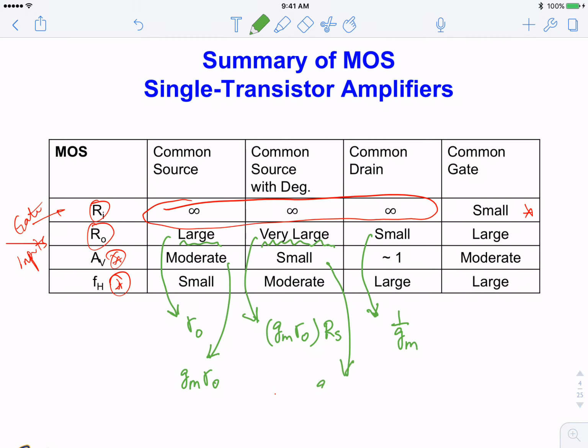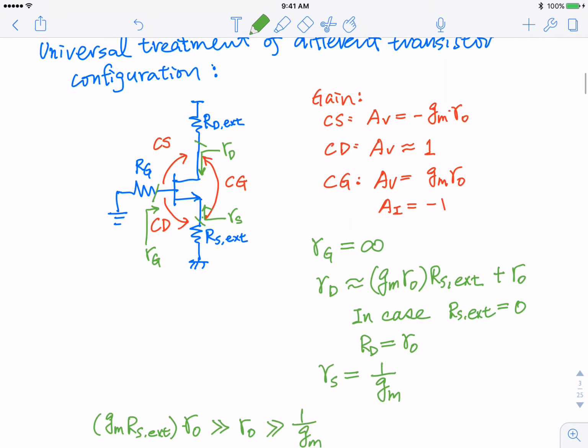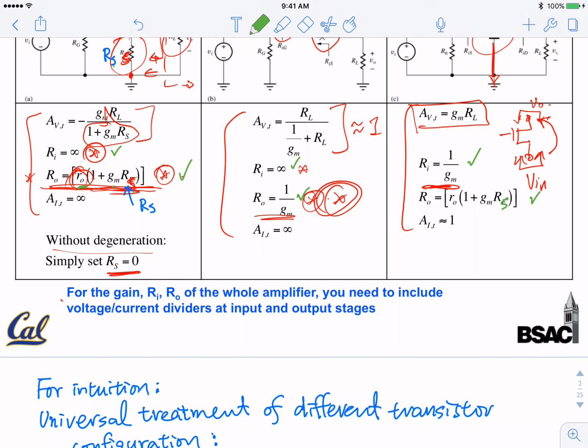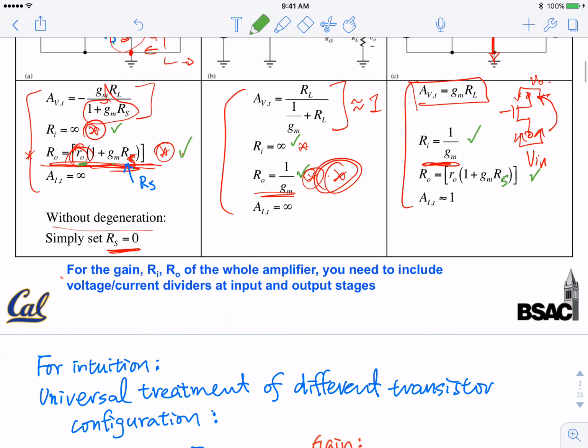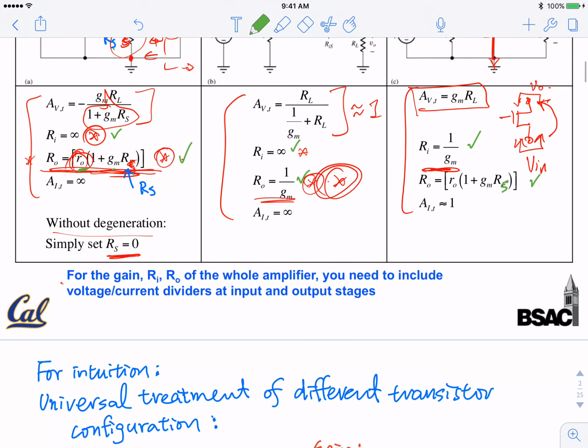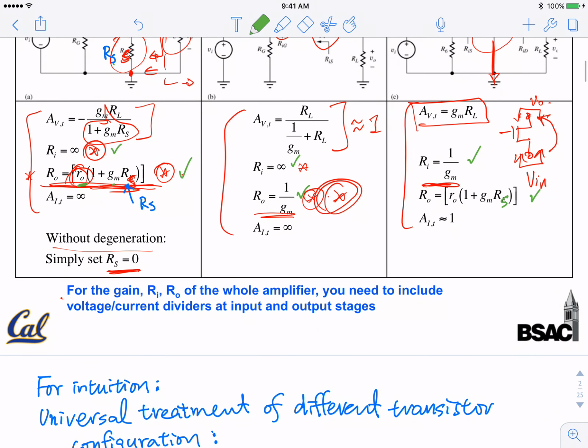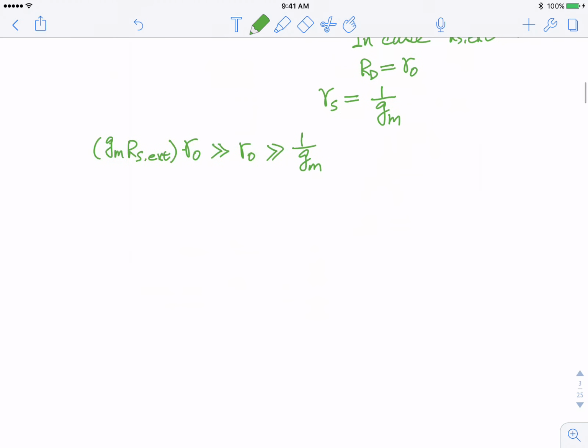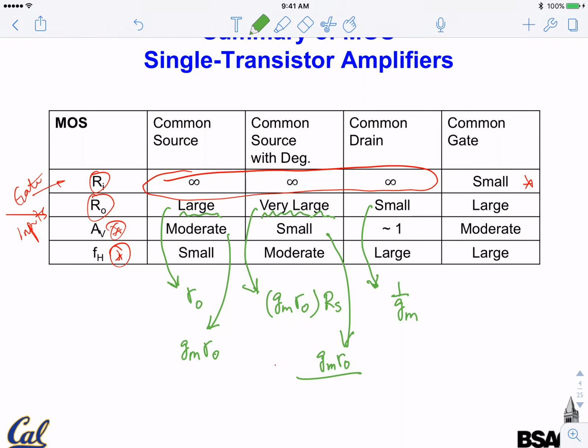Small usually it's like GM R0, but there is that factor here, such as this one: GMRL times 1 plus, so this is like GMR0 and 1 plus GMRS. So that's what we call small. And 1, well, is 1. Okay, so that's how to interpret this table here.